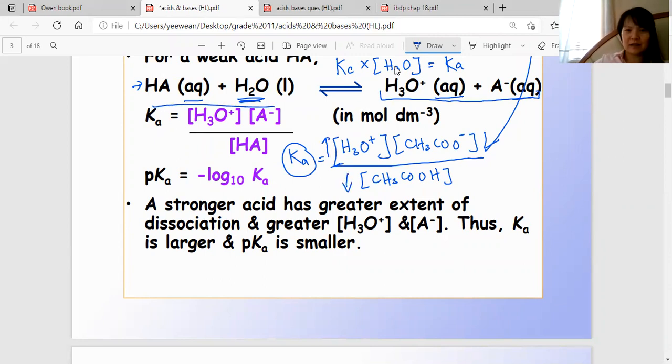So if an acid is strong, it dissociates more, then you will get a higher Ka value. If you get a higher Ka value, you will get a lower pKa value. So the higher the Ka, the stronger the acid. These are actually for weak acids. So it's just stronger or weaker weak acids. And your pKa, the lower it is, the stronger the acid.